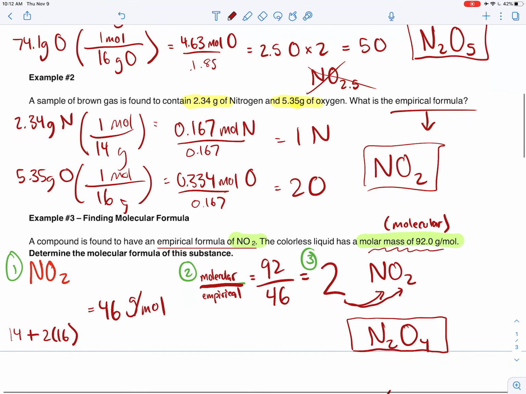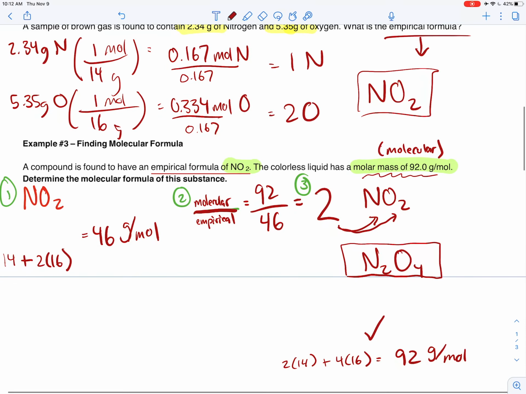If we wanted to check our work, we can do that by taking the molar mass of N2O4, and we end up with 92 grams per mole, which is exactly what we were looking for here. That's one way you can check your work on finding the molecular formula. I hope this helps you determine the empirical and molecular formulas.